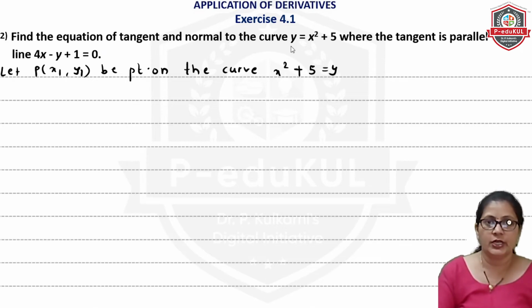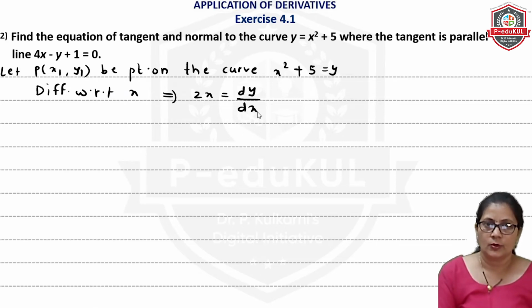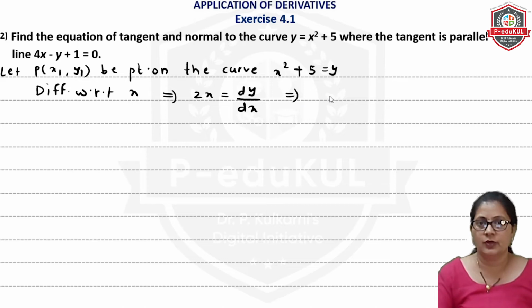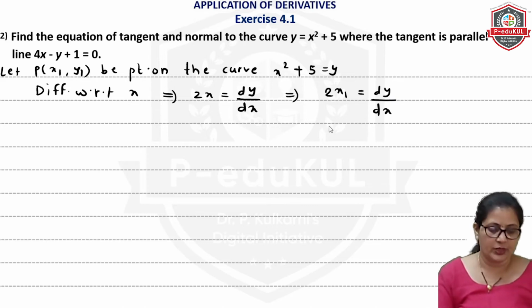So now differentiating this with respect to x, we will get the slope of the tangent. 2x is equal to dy/dx. So now I will calculate this at (x1, y1). So I will get 2x1 is equal to dy/dx.